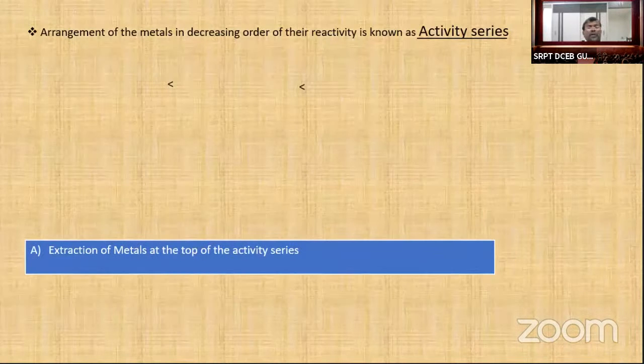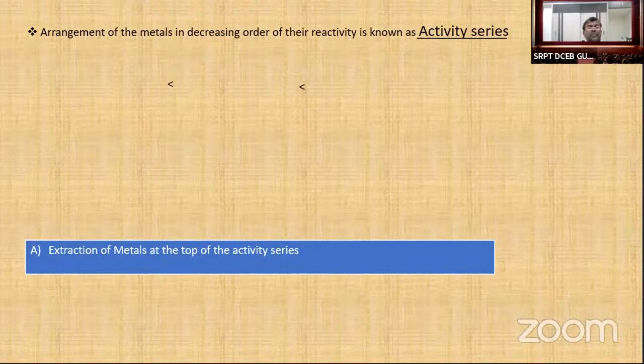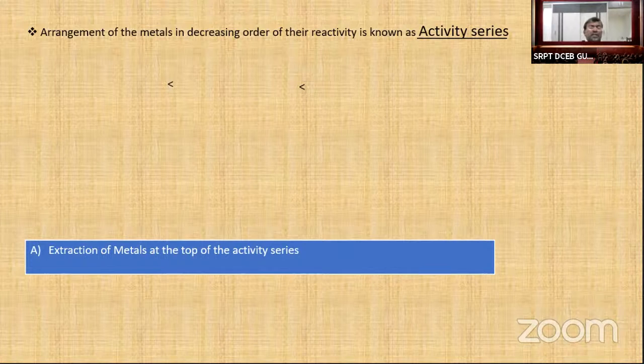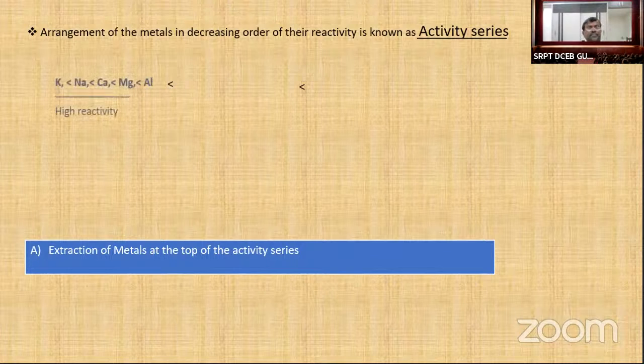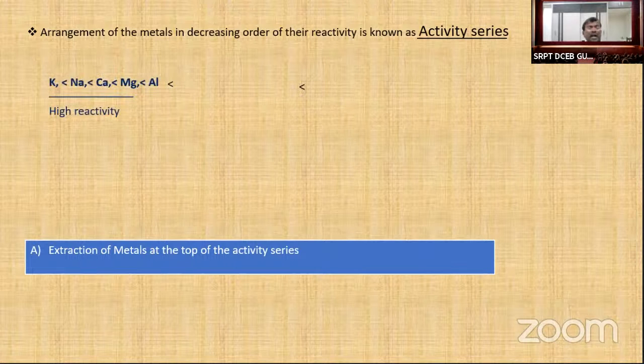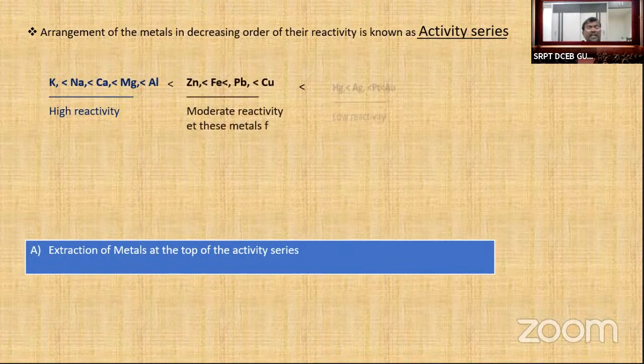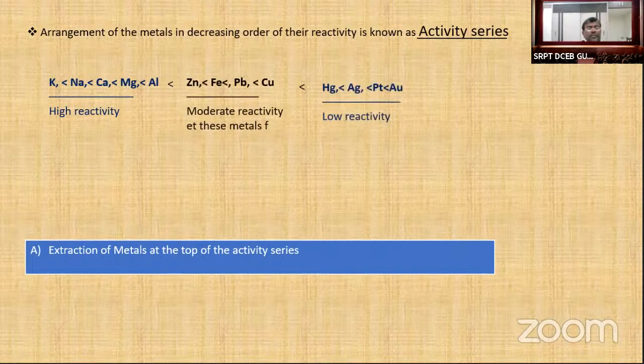And also importantly, we have learned about the activity series. Based on the reactivity of the materials, we arranged the metals in decreasing order of reactivity. Some are highly reactive, some are moderate, and some are low reactive. Based on this reactive nature, different methods are used to extract the metals from their ores.